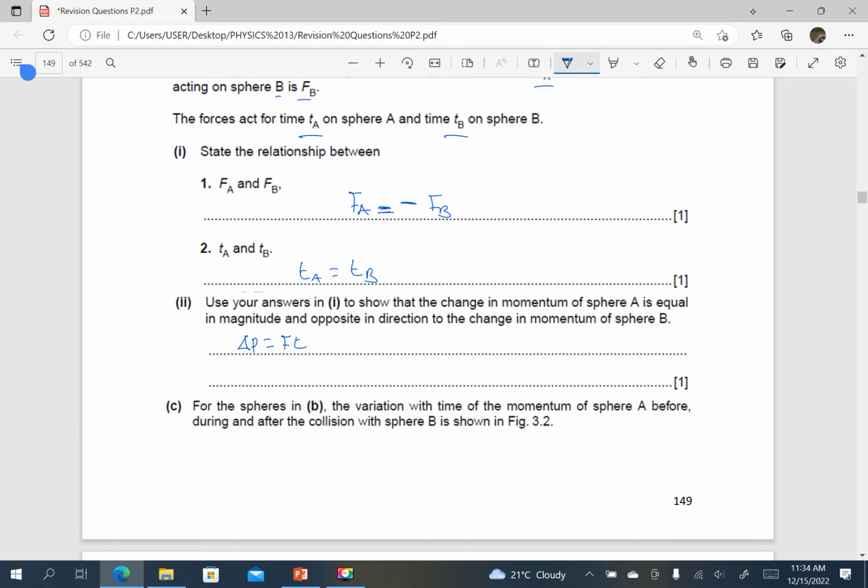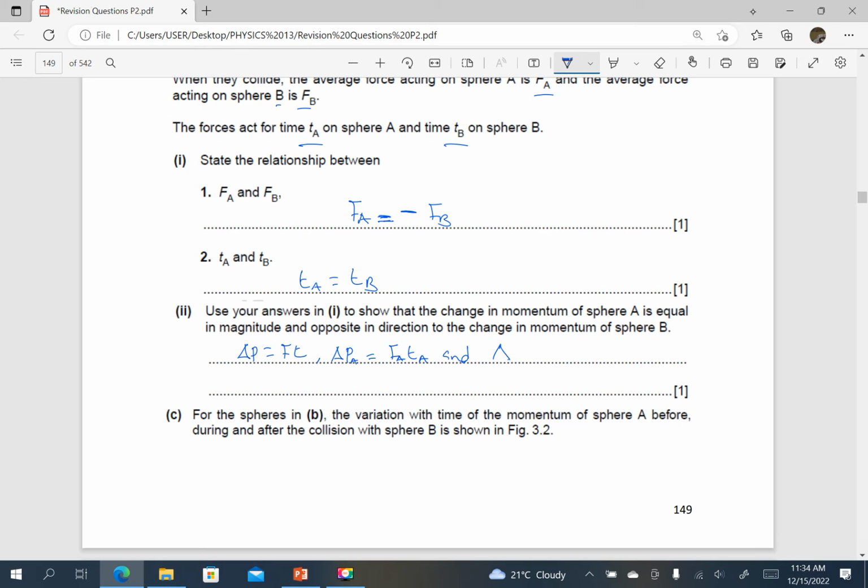So for A, the change in momentum for A is going to be the force, which is Fa times Ta. And the change in momentum for B is going to be equal to Fb times Tb.